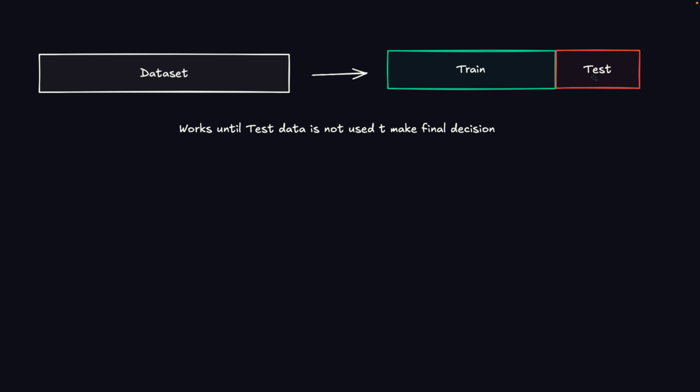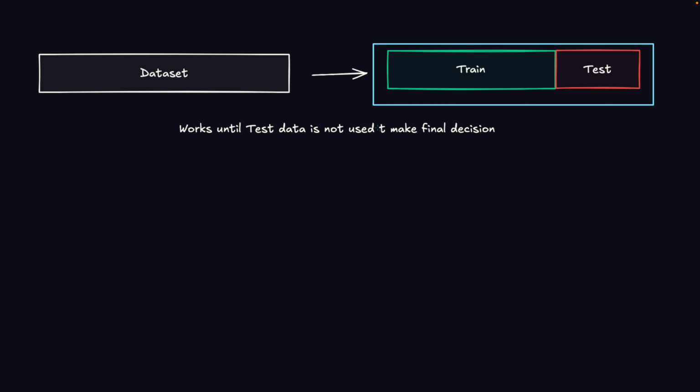So in a way, the test data also influenced the development of the model. And if we have done that, then this test data is no longer test data, because we have used it during the model development process itself. So in those scenarios, just having these two splits won't work.